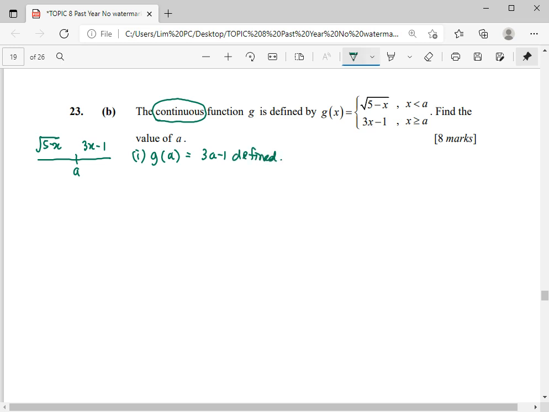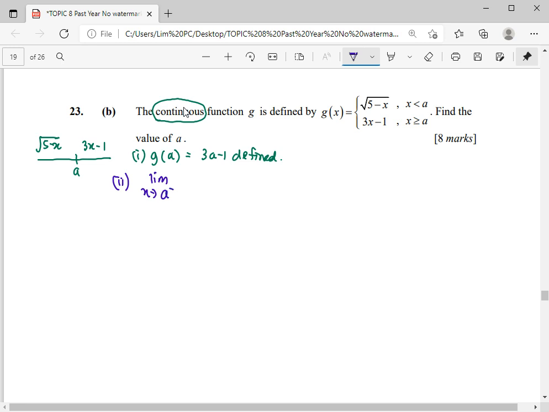And then we come to the next condition, condition number 2. When it says continuous, it means our limit as x approaches value a from the left hand side, because it said continuous, we must definitely make them equal.